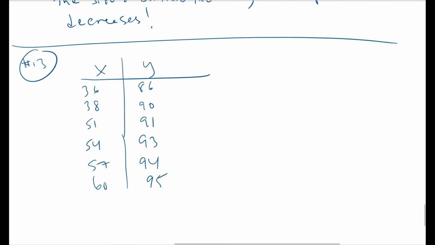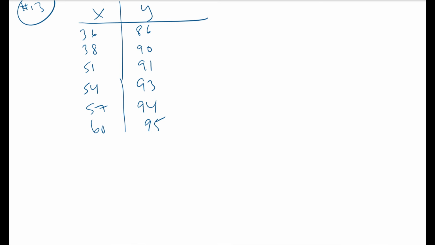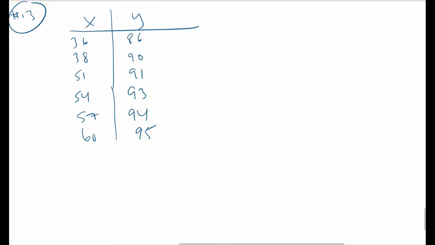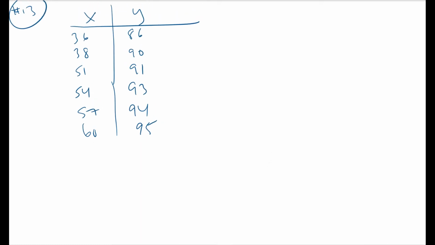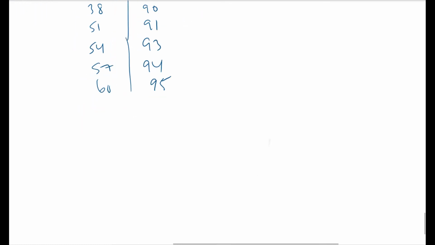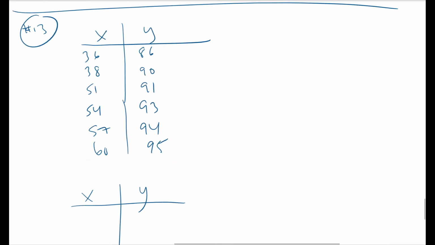So first off, we want to do a scatter plot. All we're going to do is plot this data. I'm going to actually do two of these, because we're going to need two separate tables to calculate the stuff that we need to calculate. So I'm going to repeat this x, y, because we're going to continue and extend it to more columns.